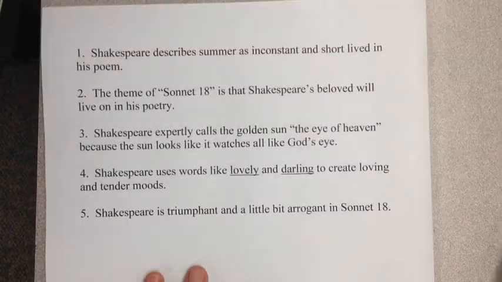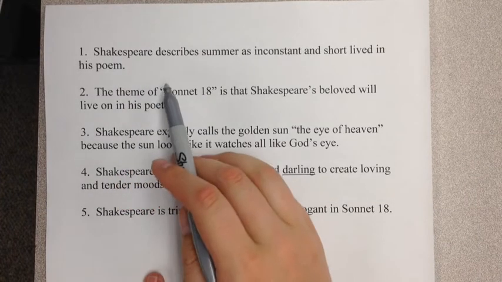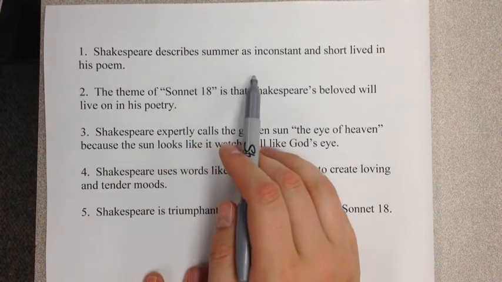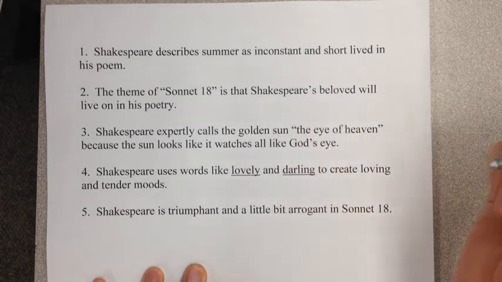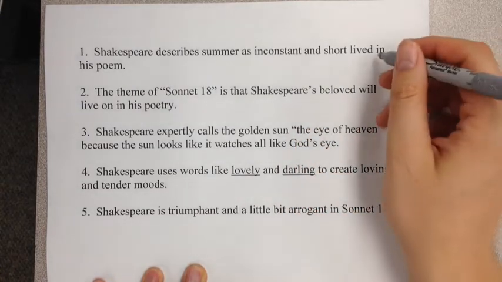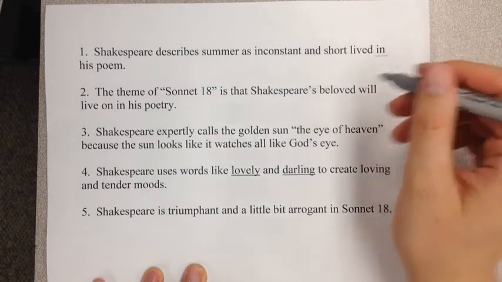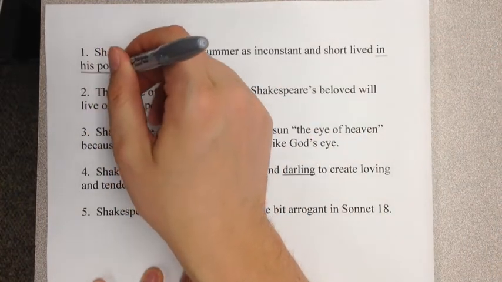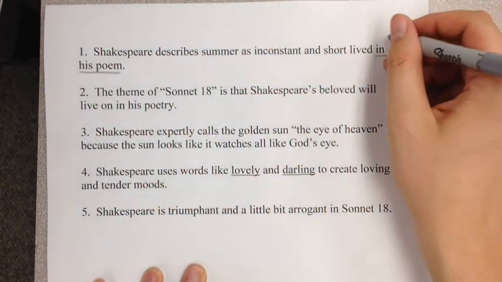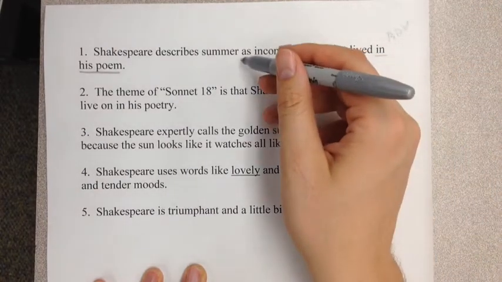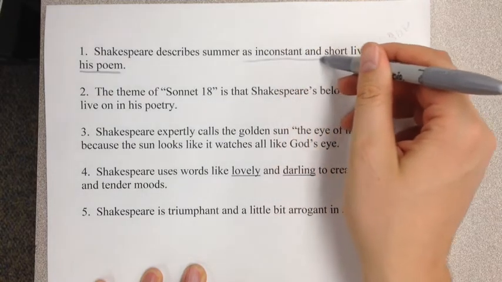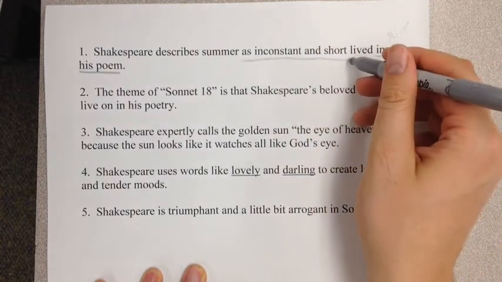Let's look at my answer. Shakespeare describes summer as inconstant and short-lived. So here is a prepositional phrase, in his poem. This is an adverb phrase because it tells us where. And then here is another one: as inconstant and short-lived.